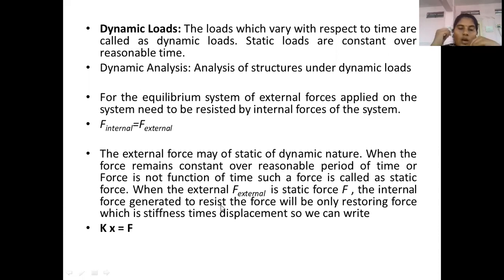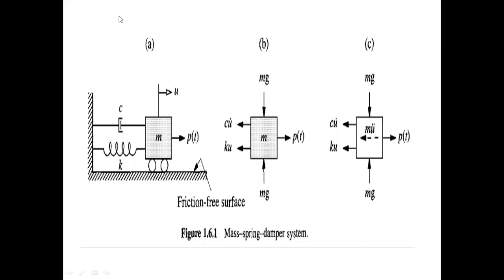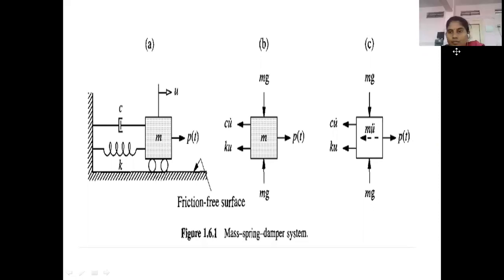We have seen three types of forces produced in the system: the restoring force, the damping force, and the inertia force. Here, K into X is the restoring force, C into X dot is the damping force, and because of M, the inertia force is produced.